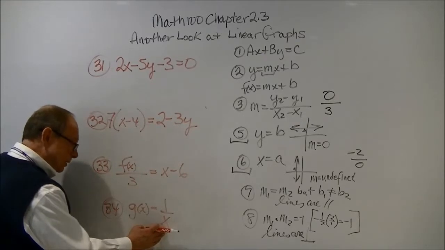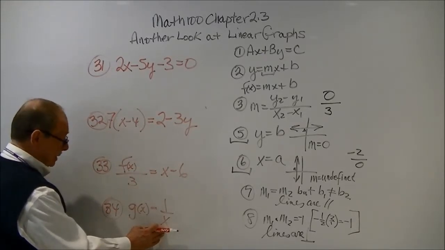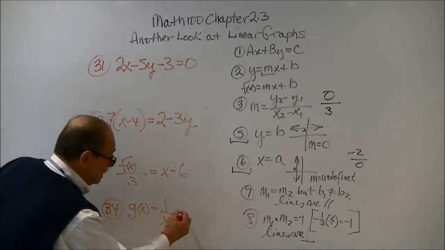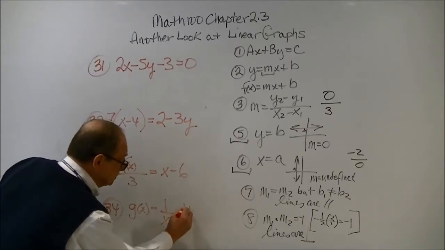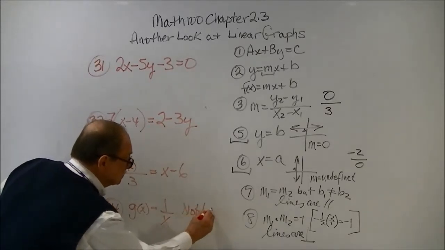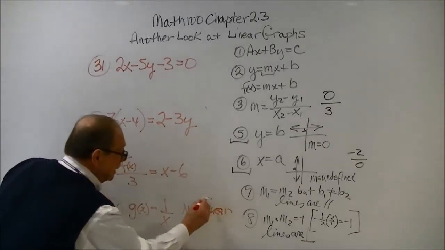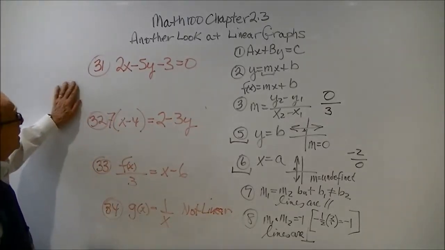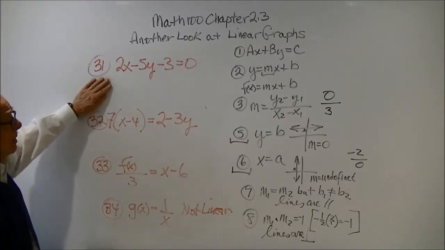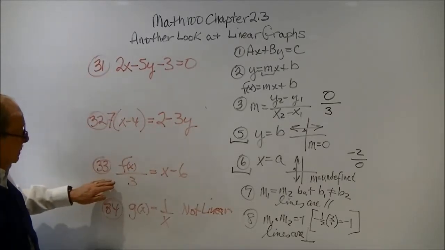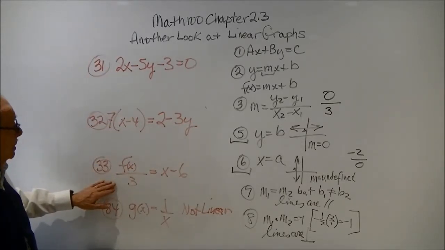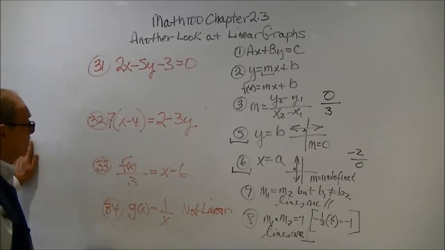When you have a variable in the denominator like this, it is not linear. And for these others, they want us also to find the slope. So these equations are linear, but they want us to find the slope.